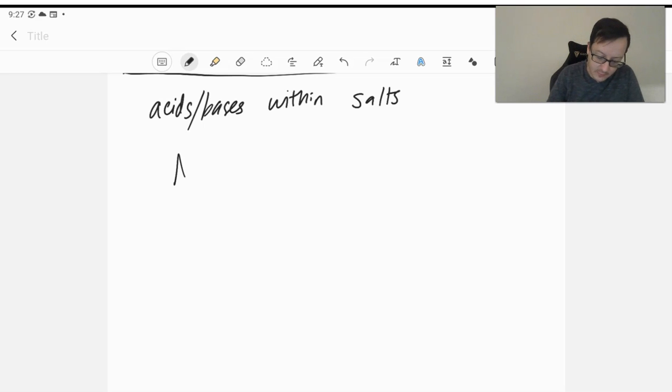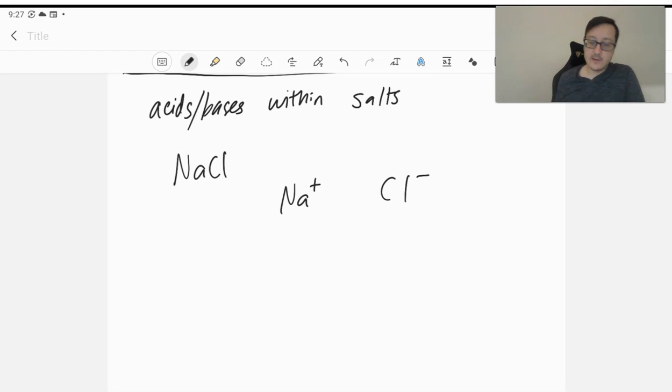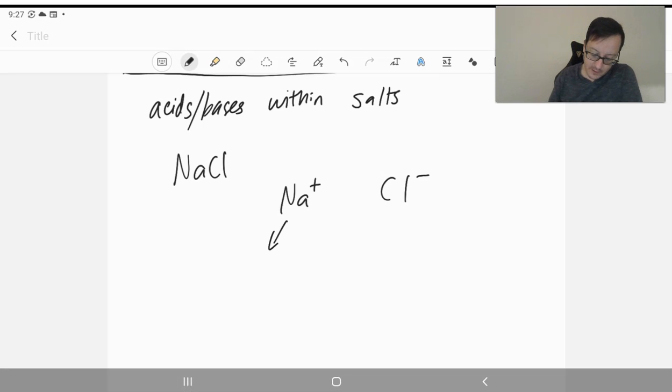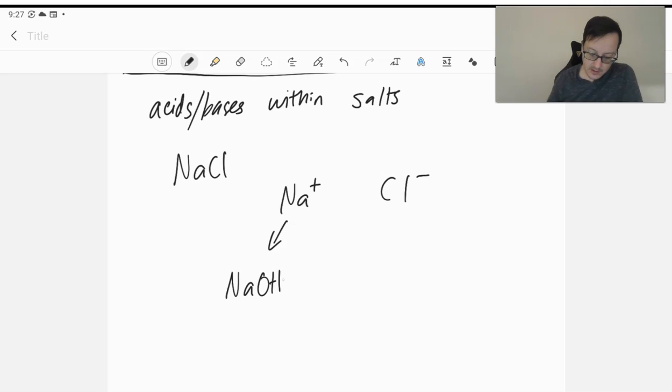The reason lies with the idea of the conjugates. If we take sodium chloride, we look at what it's made of: Na plus and Cl minus. We need to recall the conjugate acid or base of these. NaOH, because Na is positive, we can't put any hydrogens on it. HCl, because Cl is negative, we're going to want to put that with hydrogen, H plus.